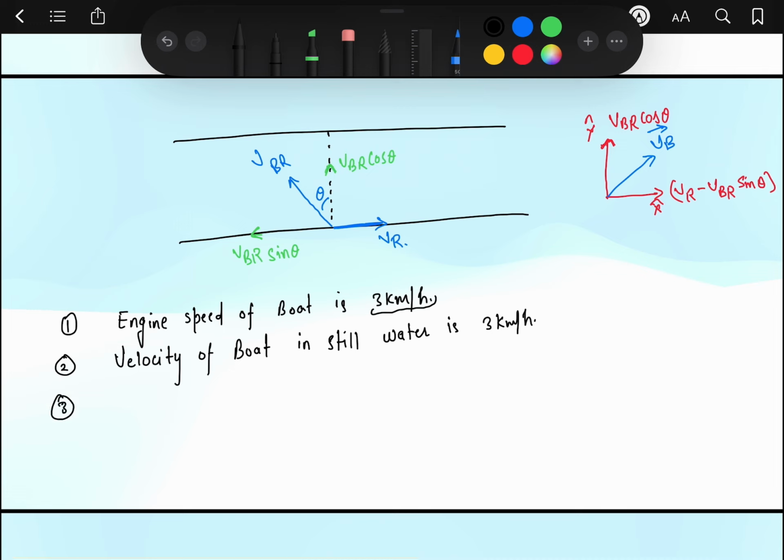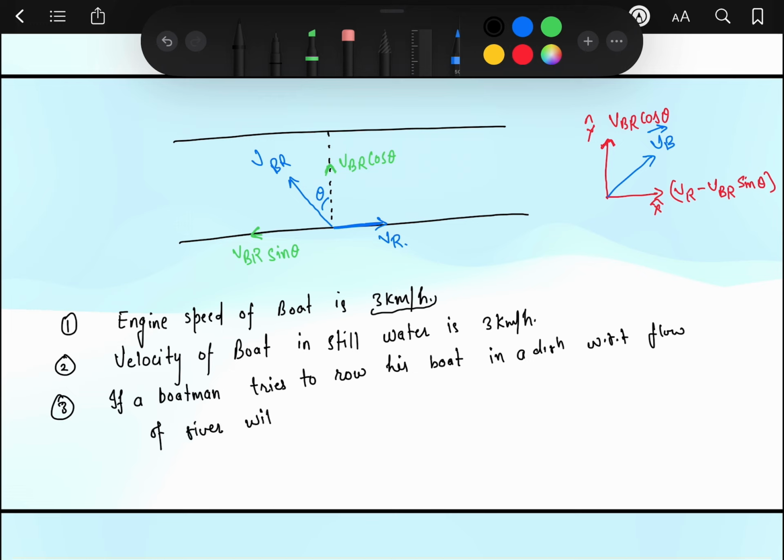Again, the third type of statement also continuously repeats in the questions. That statement is: if a boatman or swimmer tries to row his boat in a particular direction with respect to the flow of river with speed, again let us take 3 kilometer per hour.